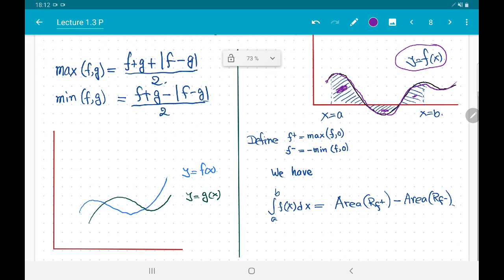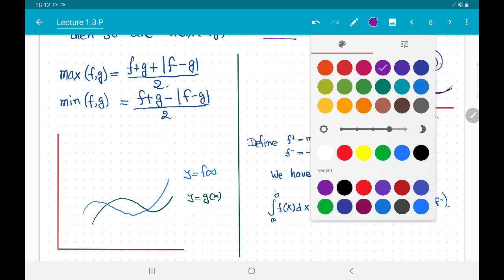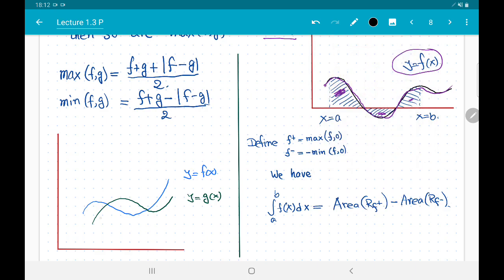What do these things mean pictorially? Let me use some other color. Suppose the graph which is depicted in green color corresponds to the function y equal to g(x), and the picture in blue color corresponds to the graph of the function y equal to f(x).